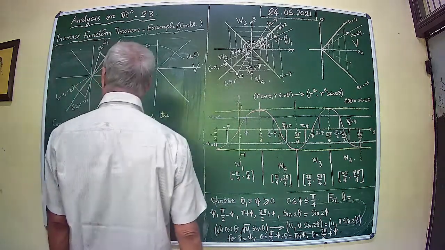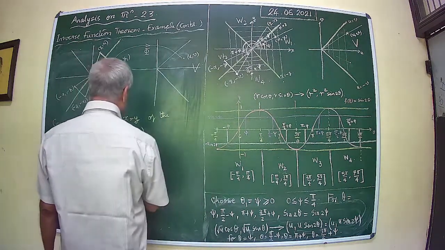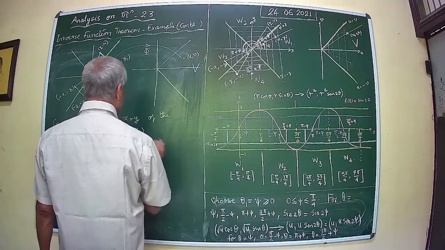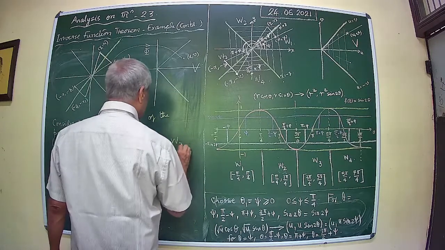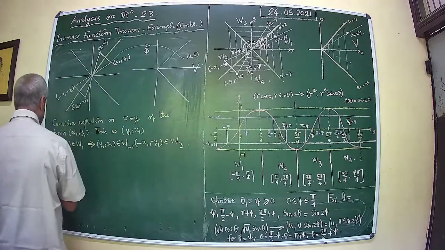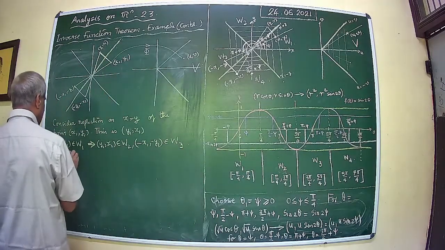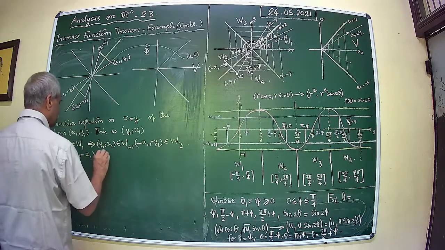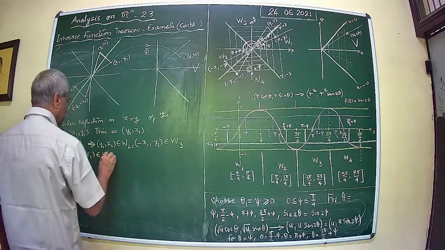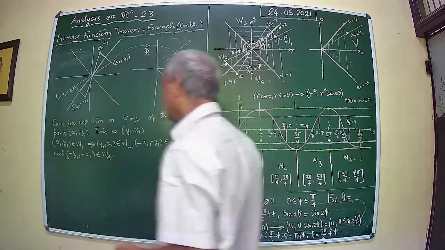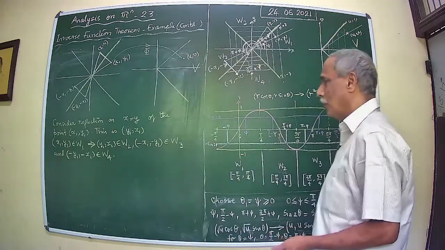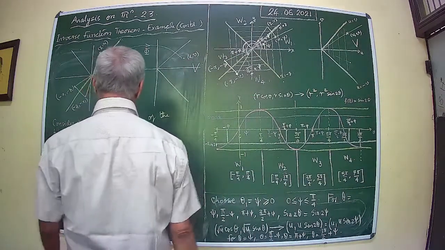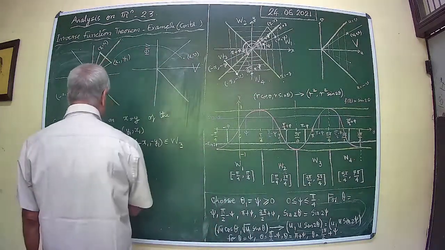Then you have minus x1 minus y1 belongs to W3 and minus y1 minus x1 belongs to W4. This is the connection. So these points are the ones which get mapped to UV. They all get mapped there.